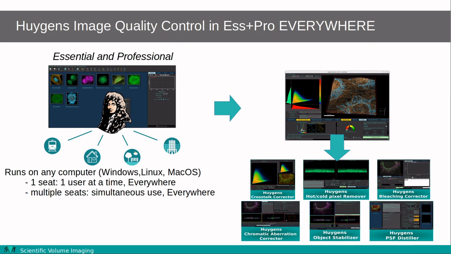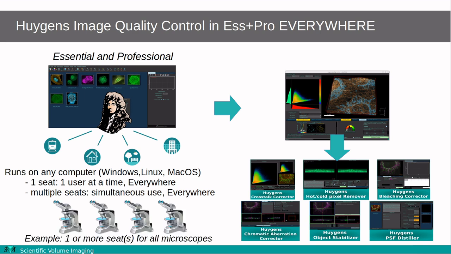So in all configurations you can use the quality control tool. If you add multiple seats, then multiple users can use it at the same time, also on any computer they like. And for example, you can have just one single seat or more seats for all microscopes in your facility and have Huygens running with the quality control tool on every computer there.